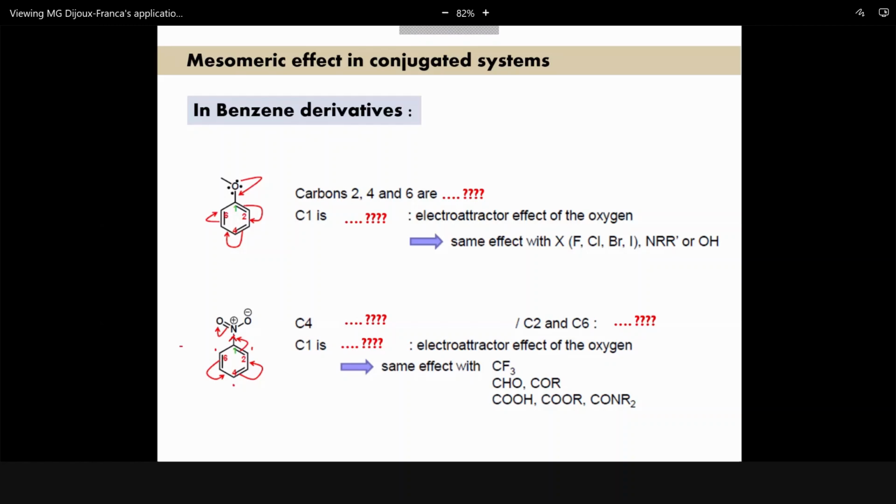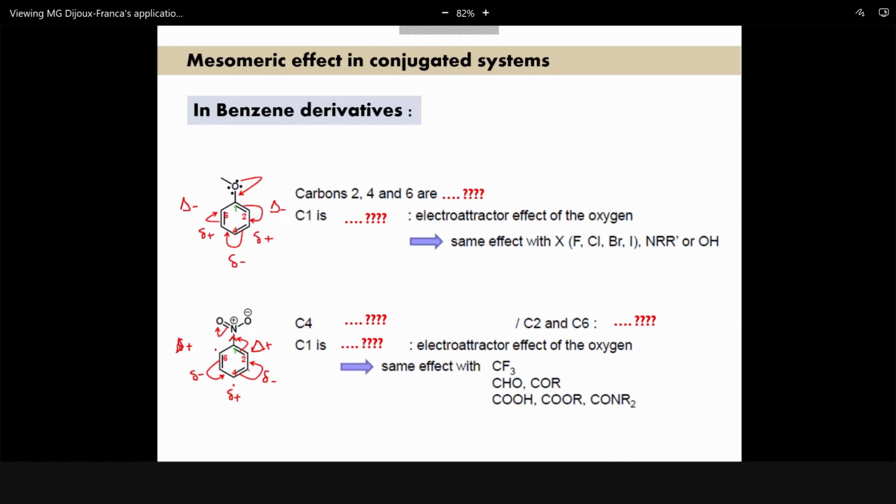Remember, so we can say here you have a strong delta plus effect in ortho position and a small delta plus in para, and you have a small delta minus in meta position. And here we have a strong delta minus in ortho, small delta minus in para, and small delta plus in meta position.